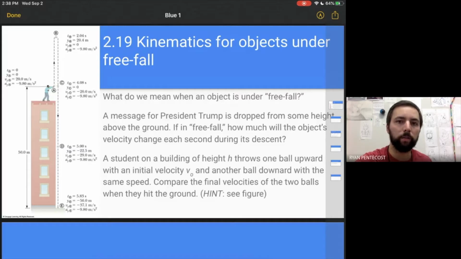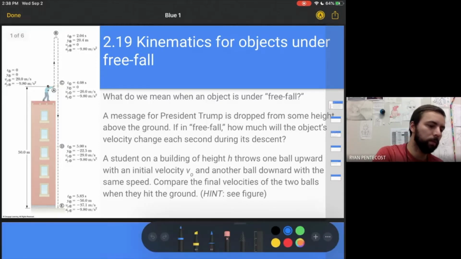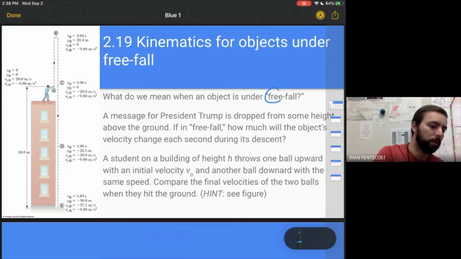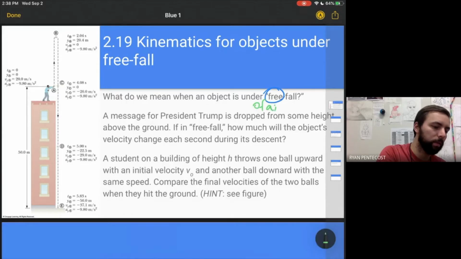Free fall meaning you're free of air drag. The only thing causing you to move is gravity. So that's going to be important here. That means that we're free of air drag.